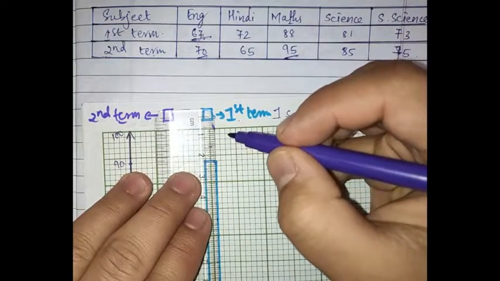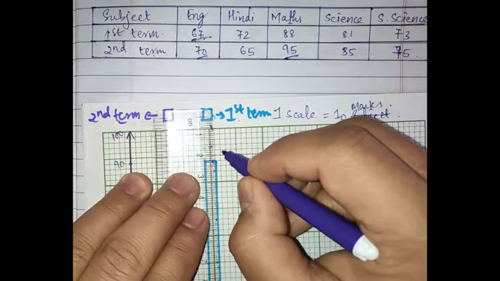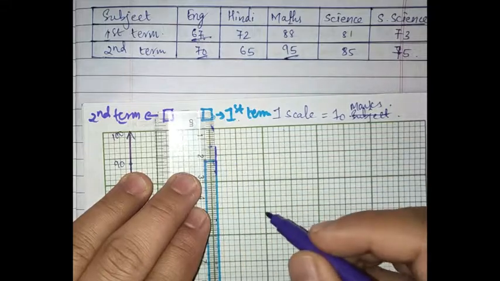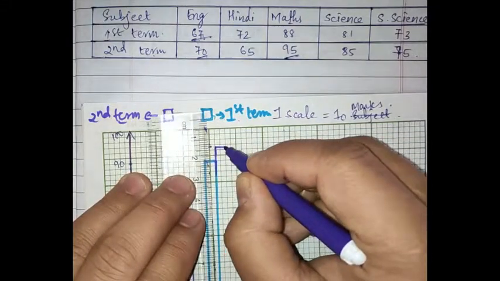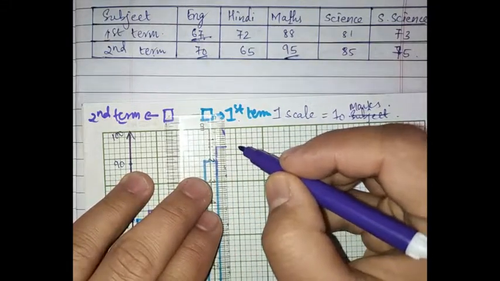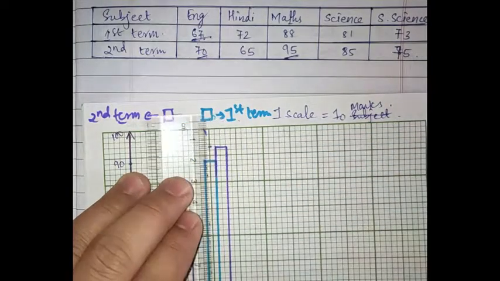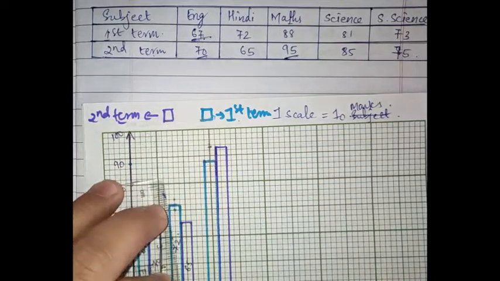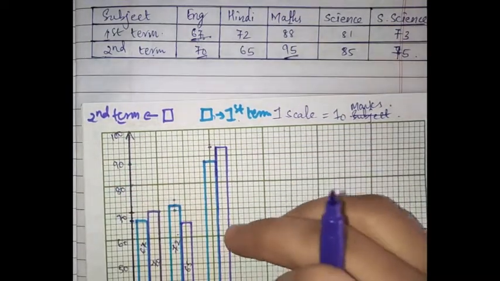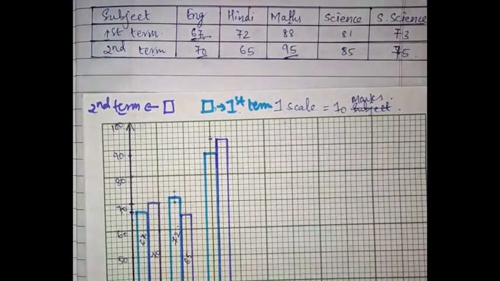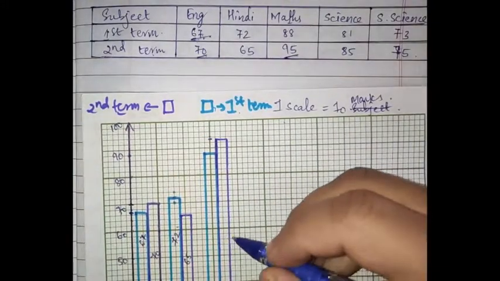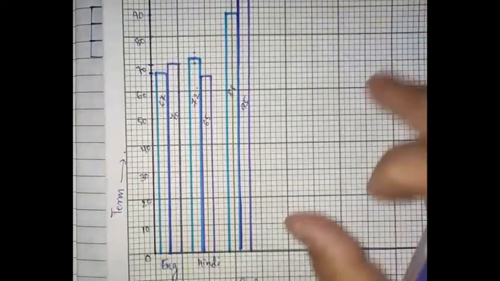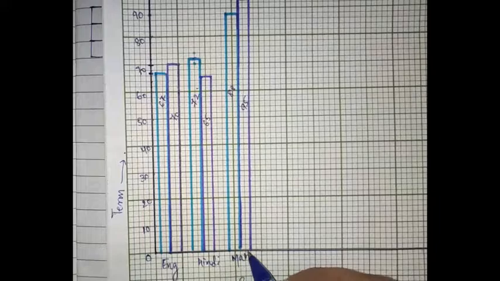When you are plotting this, remember that when you are making a double bar graph, you have to touch both the bars. So this is the marks obtained by a student in maths. This represents 95 marks, and this is 88 marks, and both are for the subject maths.